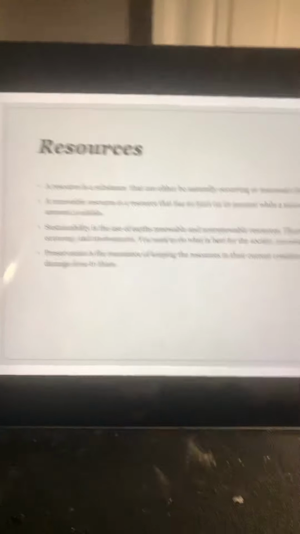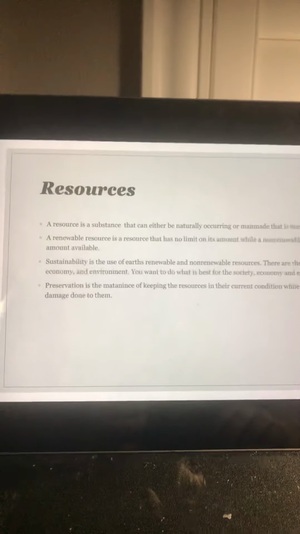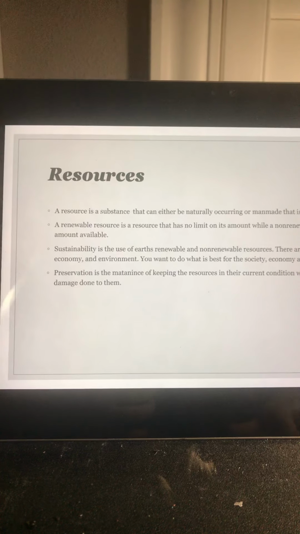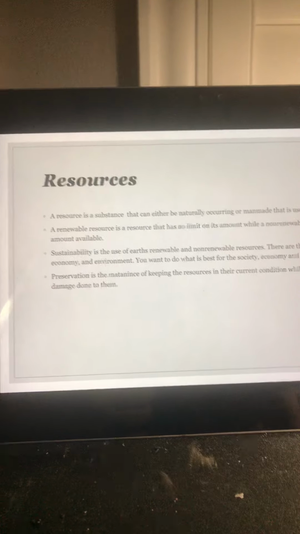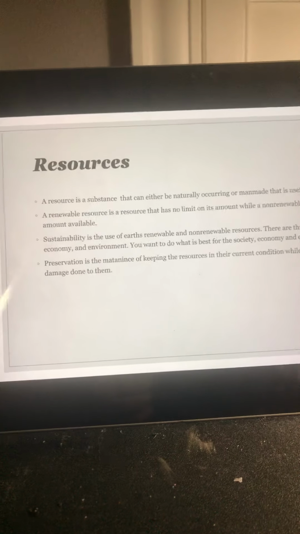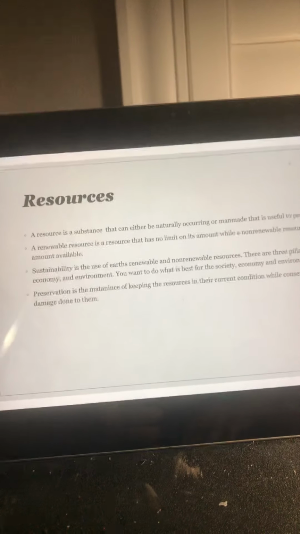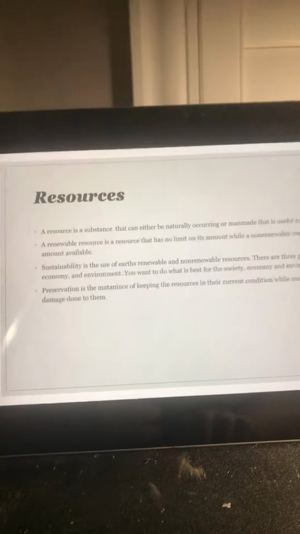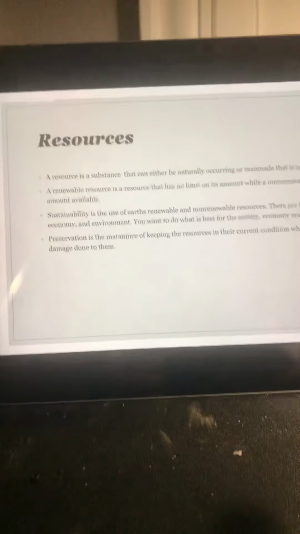Of course, you want to do what's best for the society, the environment, and your economy, so you have to take all 3 factors into account. And preservation is keeping the space the exact same over time, while conservation is just trying to conserve it, and it can decrease, but you just want to make sure it's not going to go into the gutters.